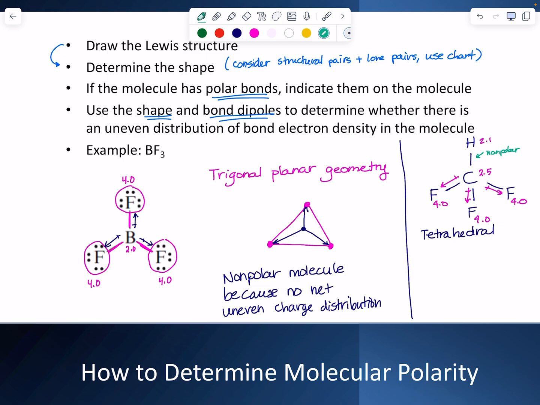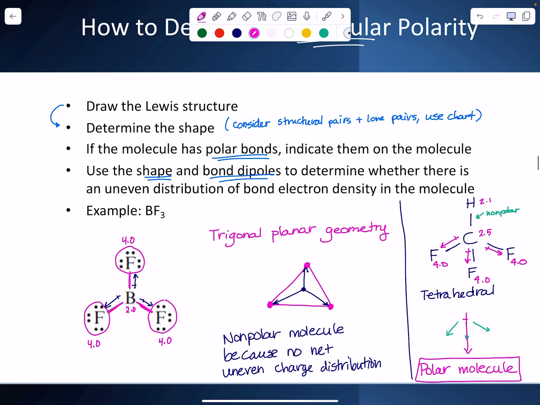So we've got 3 things sort of pointing down, and they're not going to offset each other. And so what we're going to get is a net dipole that is pointing somewhere down through the geometric center of those, and is bigger than any of those other 3. They're going to add up so that there's a net dipole. So this one is a polar molecule.